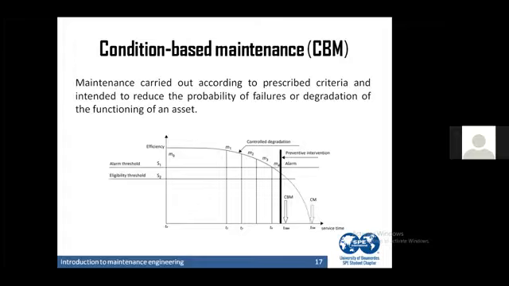Those measures are done repetitively to control degradation of the equipment. Now, we must fix a threshold that we call the alarm threshold.